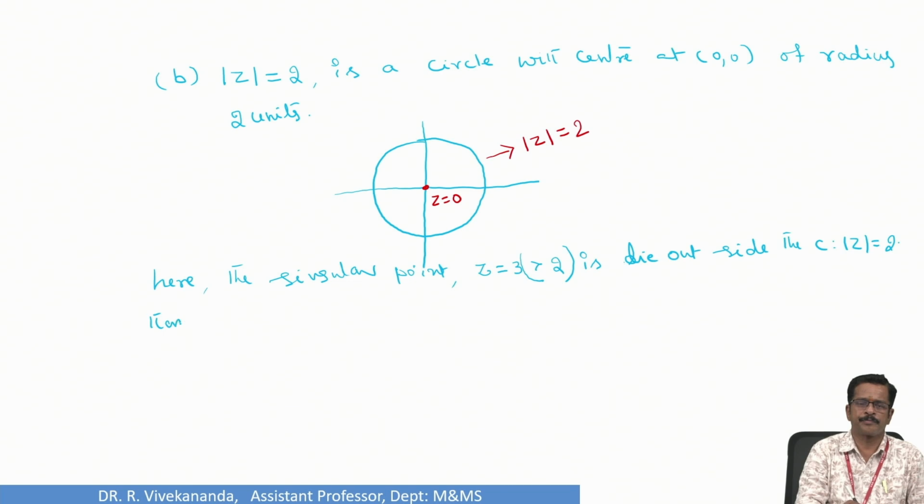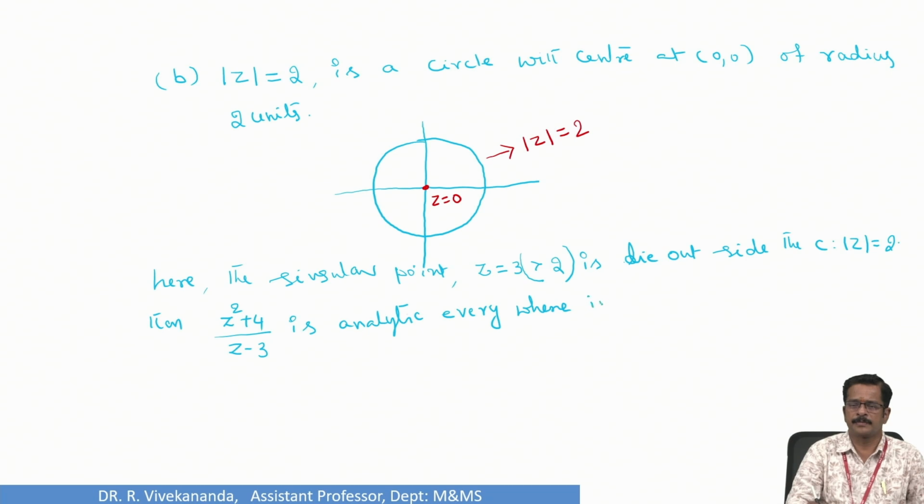Therefore the function, z square plus 4 by z minus 3, is analytic everywhere in and on C.